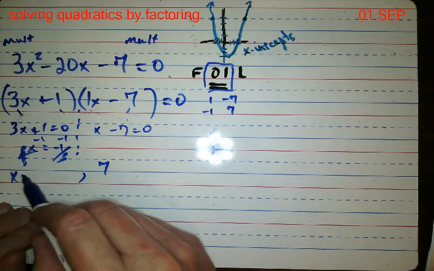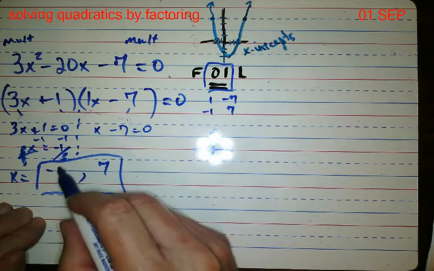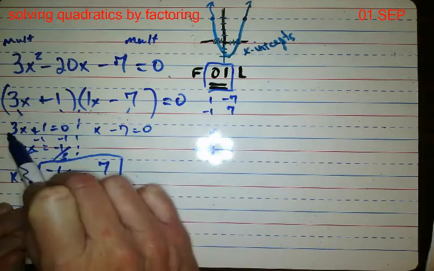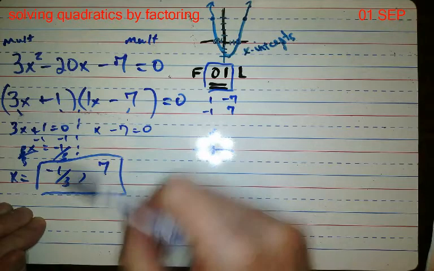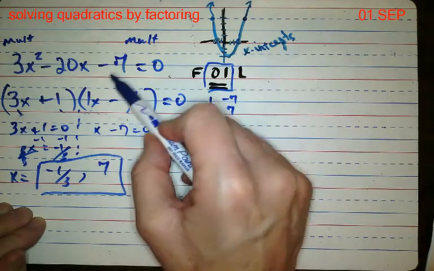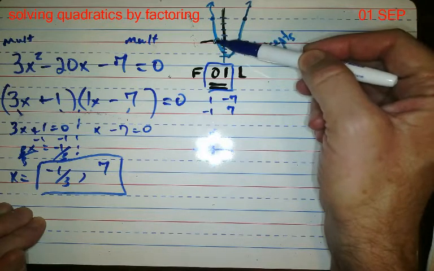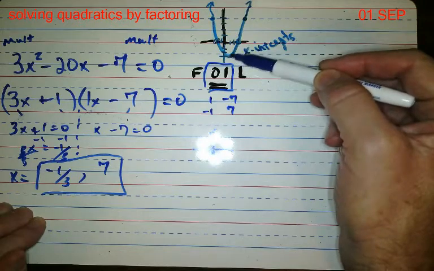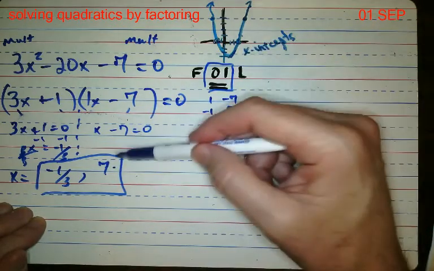So x is, and we'll put a little box on it so you know it's the answer, negative 1/3. See, I subtracted the 1, then I divided by 3. So there's two answers. This right here crosses at negative 1/3, where y is 0. And then it goes down, down, down, and then back up, and it crosses over here at positive 7. That's what it's saying.